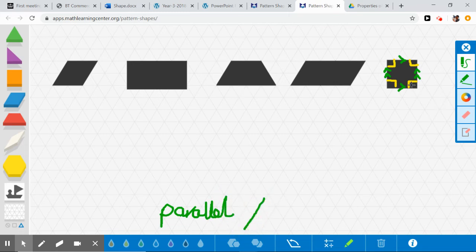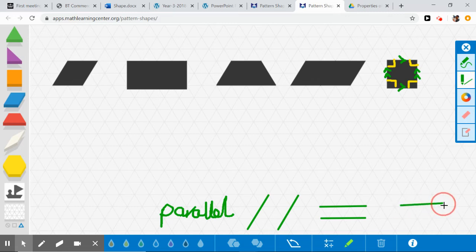Oh no, it's rubbish. Let me rub that out. Because we all know sides need to be straight, don't we? The equal sign is parallel. Those sides are parallel because they will never ever meet. They're always the same distance apart.